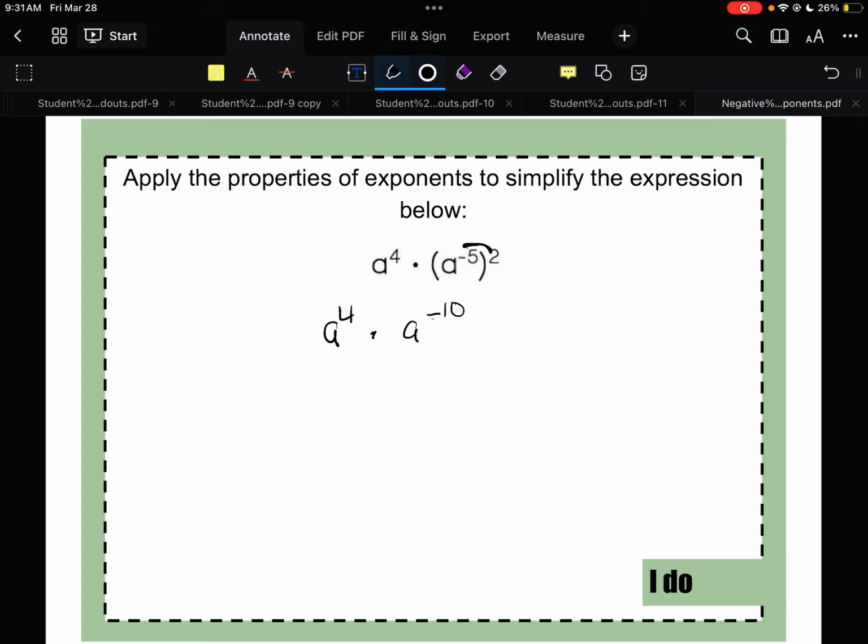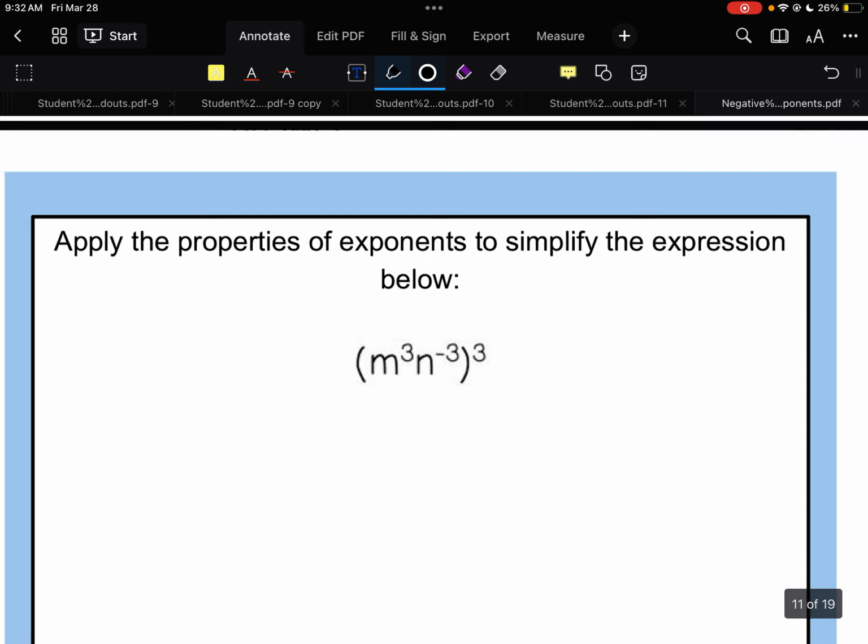So then when you have those two, you add, so 4 plus negative 10, which would be negative 6. And then a to the negative 6 would be 1 over a to the 6th. And I'm going to use a capital A here just so it's a little bit clearer to see, but 1 over a to the 6th.